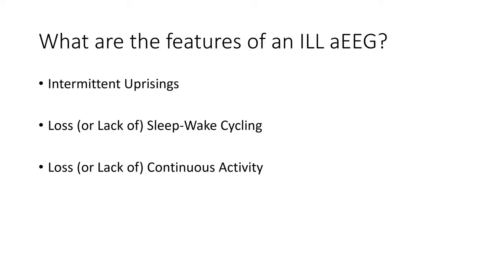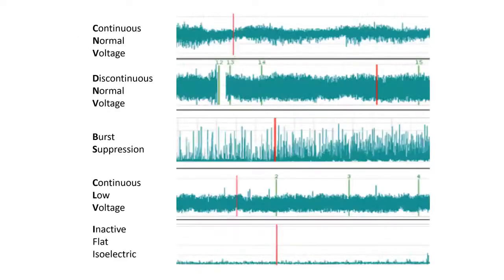If we go back to this slide, we have our continuous normal voltage, where we have those borders, the upper border above 10 and the lower border above 5, except during sleep when we allow for that cycling to happen.